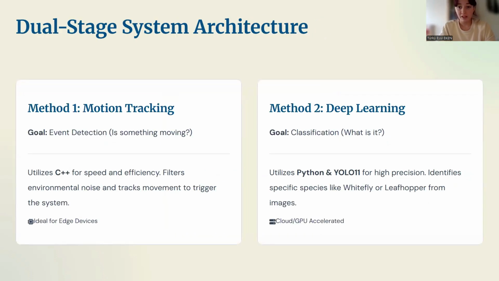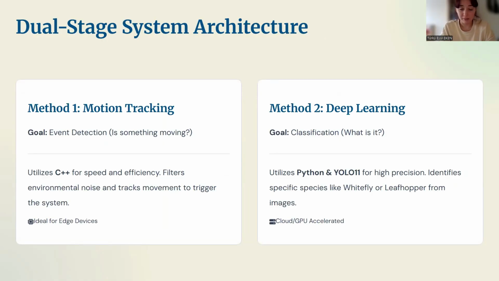Here, as I mentioned in the previous slide, there is EYES, which is my method one, the motion detection engine that I completed using C++ for high-speed event detection. We can say it is the wake-up system.